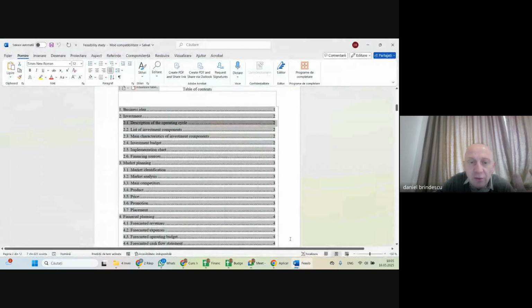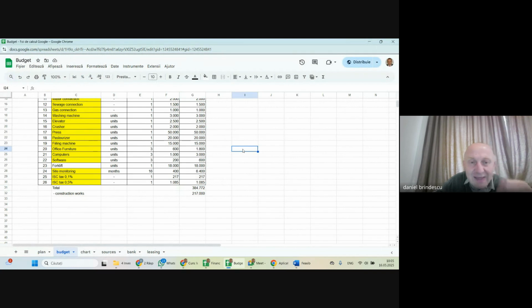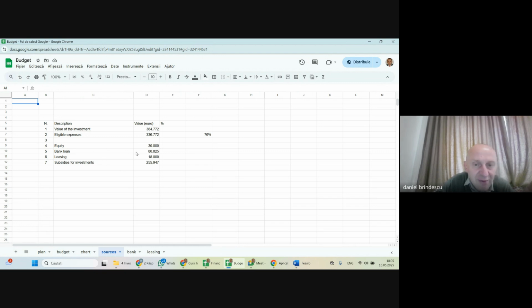Then we needed to find possible financing sources. All of us, we tried to identify programs that offer subsidies for investments. And in my case, this is the structure of my financing sources.